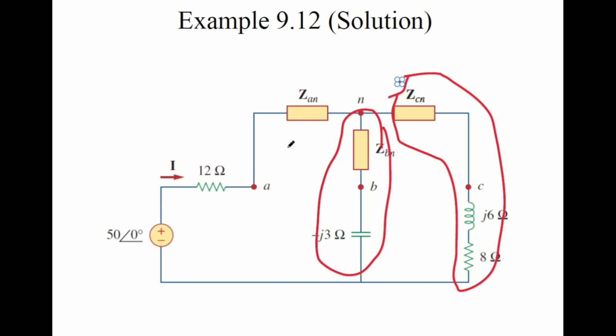Once we get a one-loop circuit, we can simply use V equal to I times Z. We have the total impedance of the circuit and a voltage, so we can get the current flowing through the circuit, which is this current value over here.